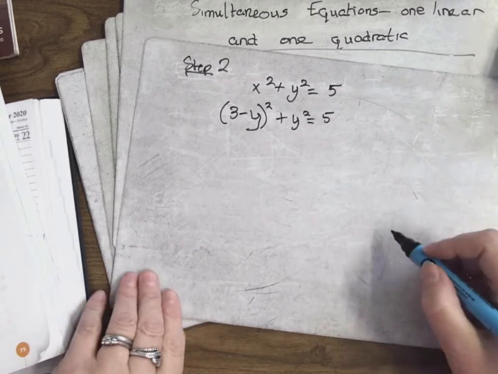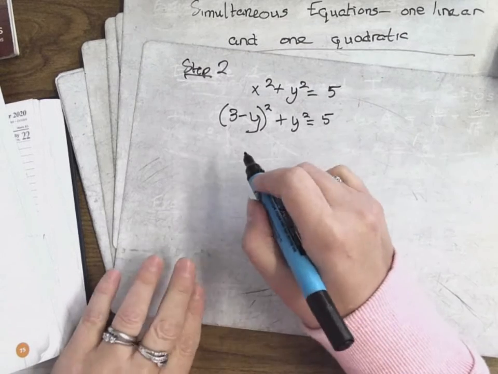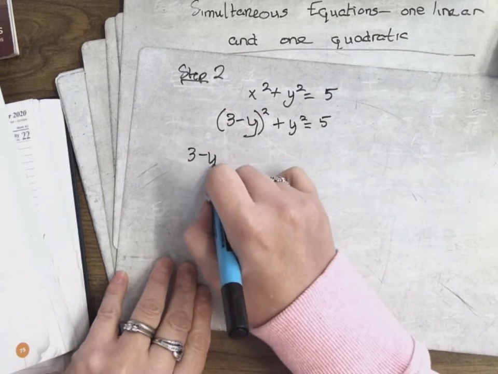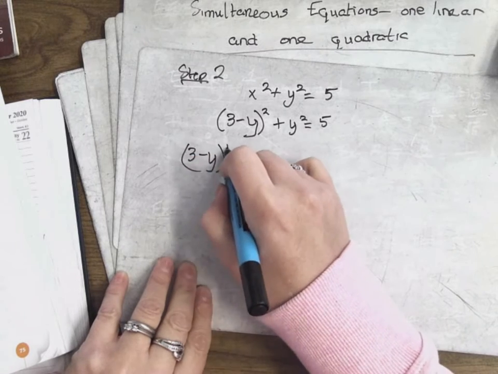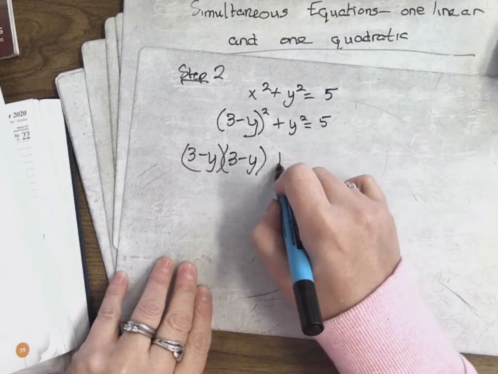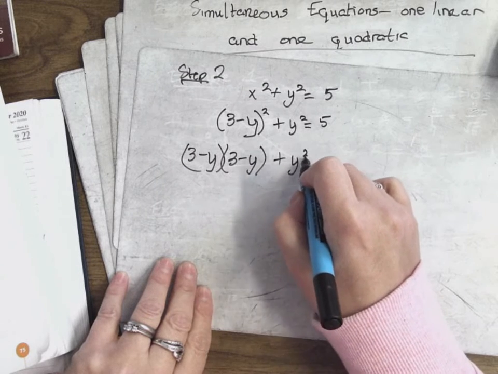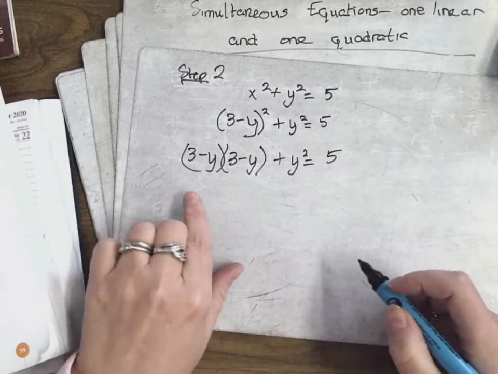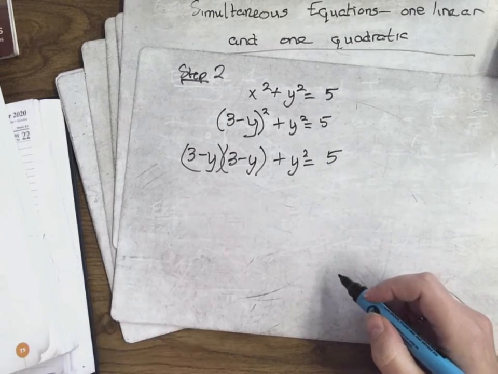Right, okay. So, what does 3 minus y squared mean? It means 3 minus y multiplied by 3 minus y. Then plus y squared equals 5. I'm just finishing off the line. Now, I have to multiply out two sets of brackets here.